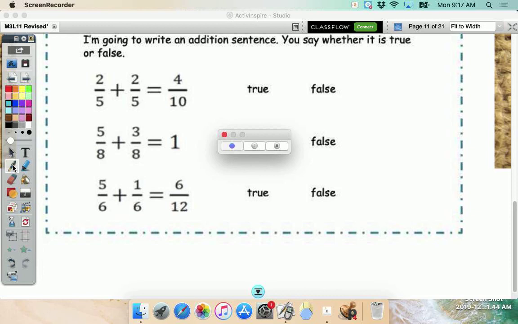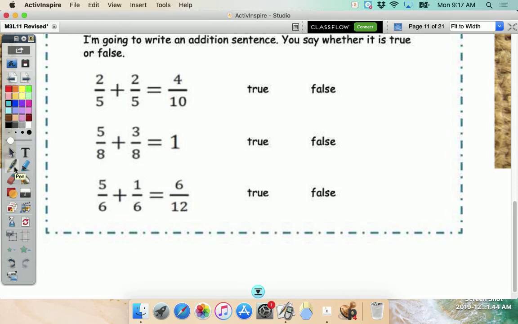Okay, so the first one, Eileen, is it true or false? What did they do wrong? Shh, I'm asking Eileen. They added the denominators, right? What should the correct answer be? Okay, good.